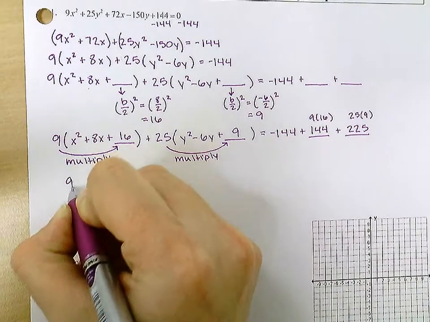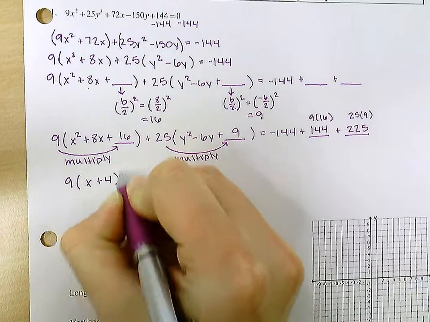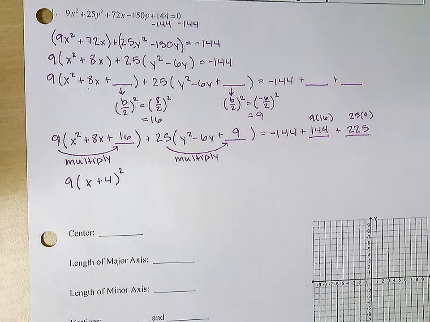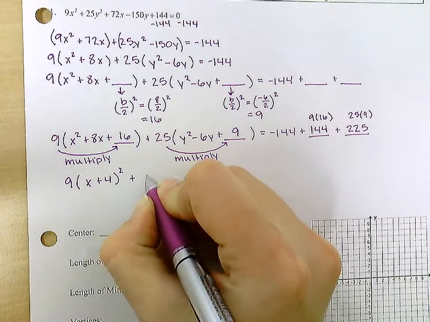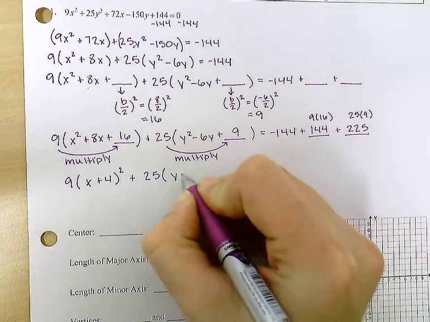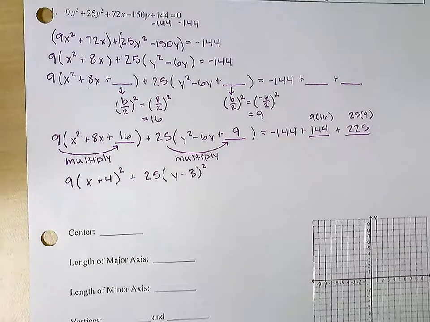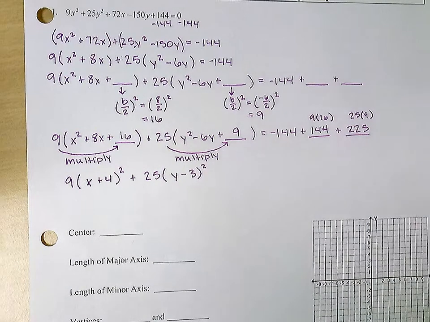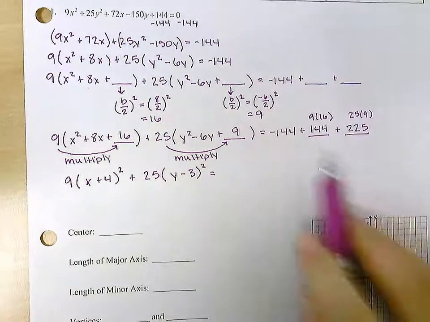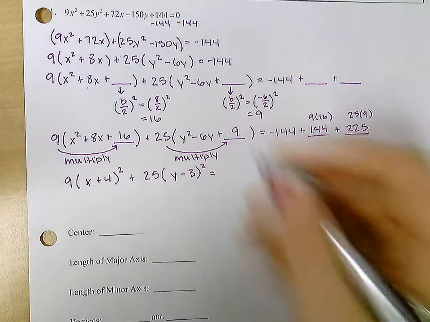Okay, so I end up with 9 times the quantity x plus 4 squared. Okay, you're completing the square, so you should have a quantity squared at the end there. Plus 25 times the quantity y minus 3 squared. Again, you should have a quantity squared. That's equal to, my 144's cancel each other out, so it'll be 225.